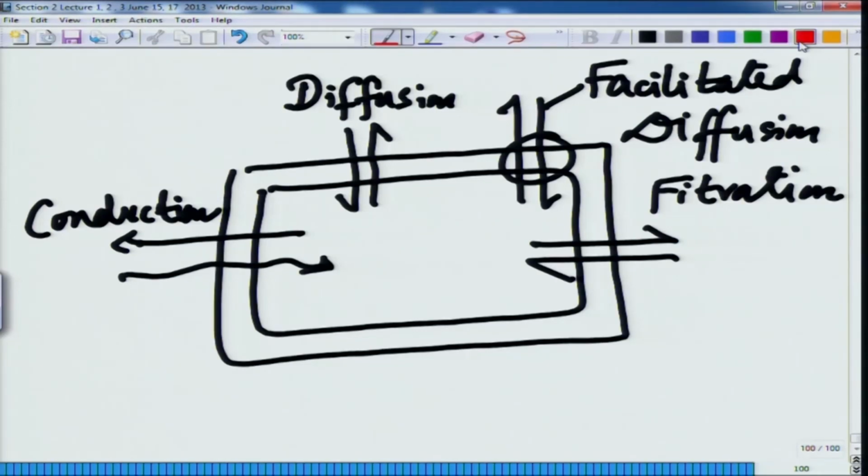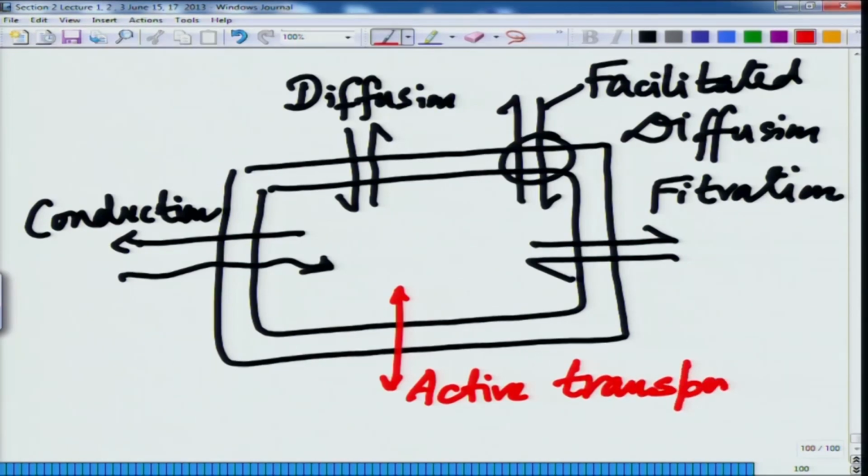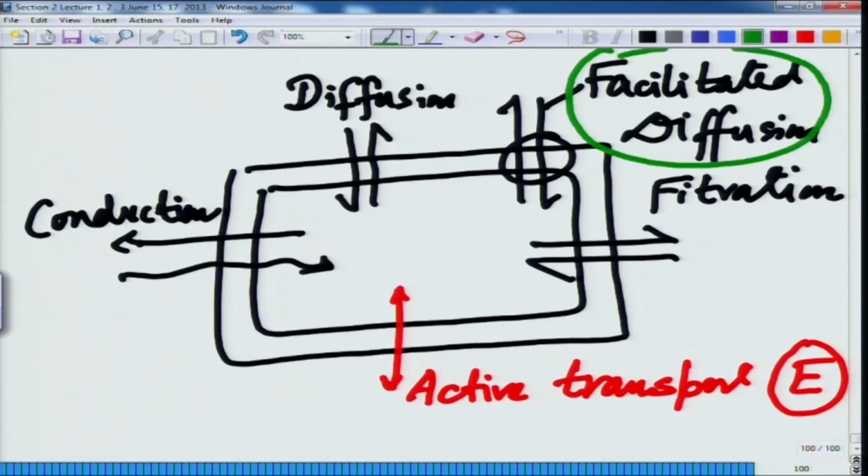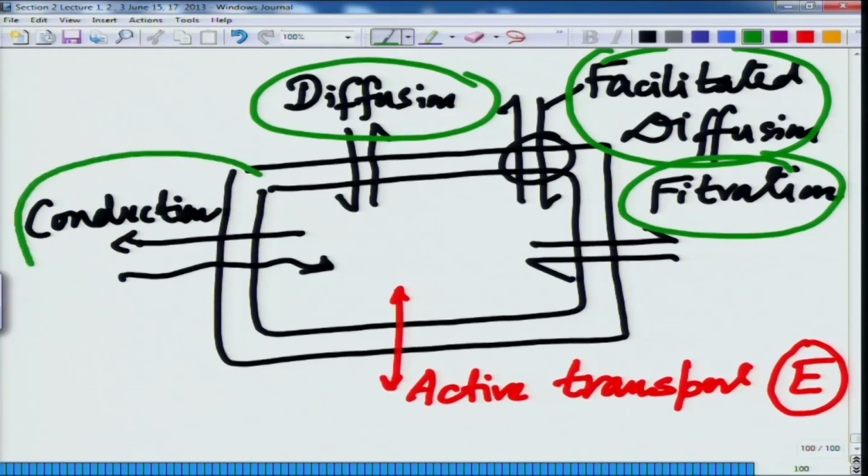then I am now putting something in red, which is called active transport. I am putting it red purposefully, because this is an energy dependent phenomenon, whereas the ones I am now putting as green are energy independent phenomena.